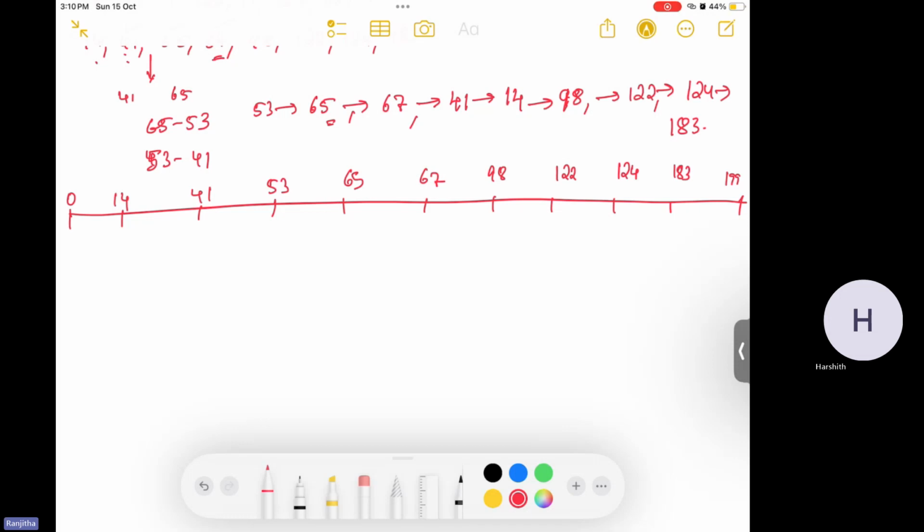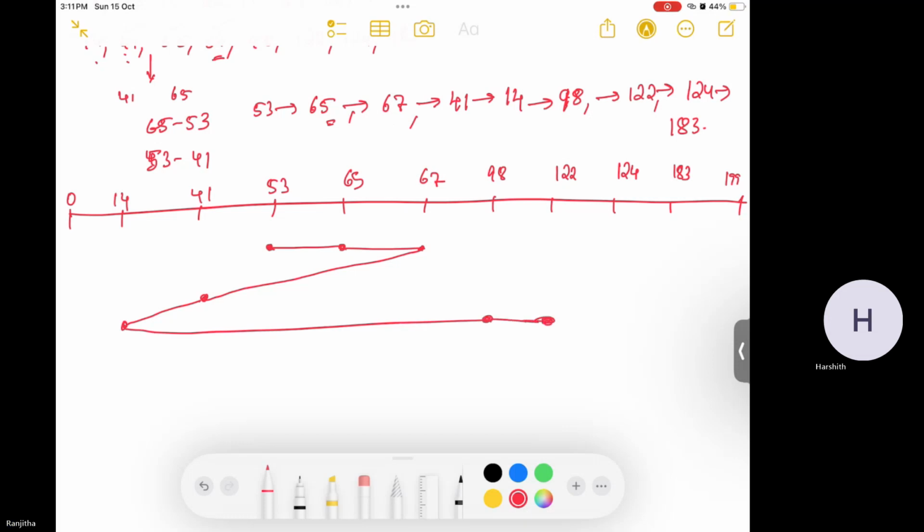So from 53, we go to 65, then we go to 67, then we come to 41, we go to 40, and then we go to 98, 122, 124, and 183.